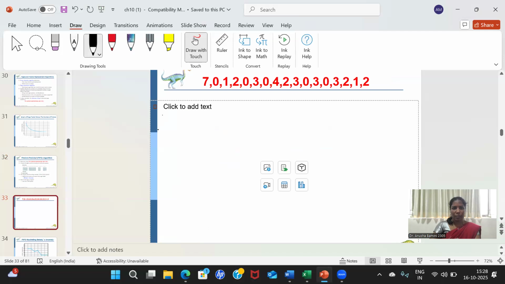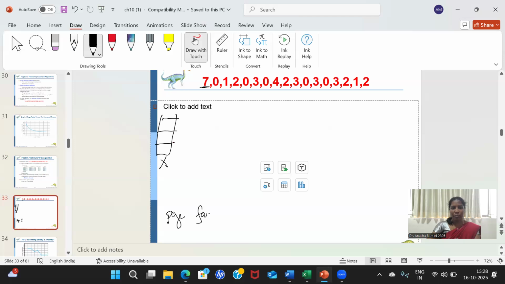Based upon our concept, we have 3 frames: 1, 2, 3. Initially you check 7. First number we have is 7. You check here in the frames, 7 is not there. This is called a page fault.